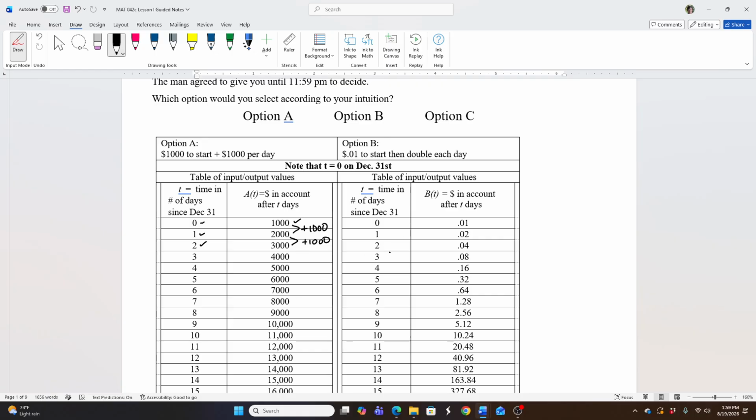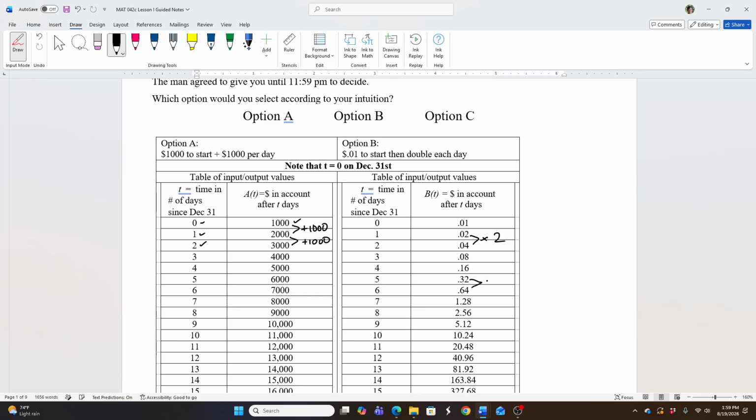In option B, on December 31st, you get 1 penny, represented by 0.01. If you wait until January 1st, you'll have 2 pennies, 2 cents. On January 2nd, you'll have 4 cents. So here it's multiplying by 2. On the 5th day, you would have 32 cents.